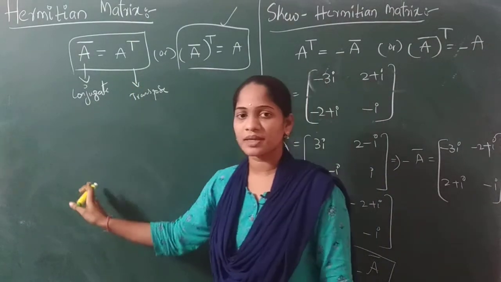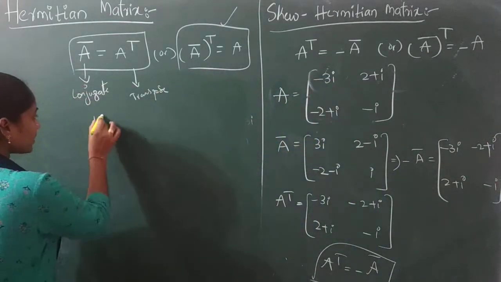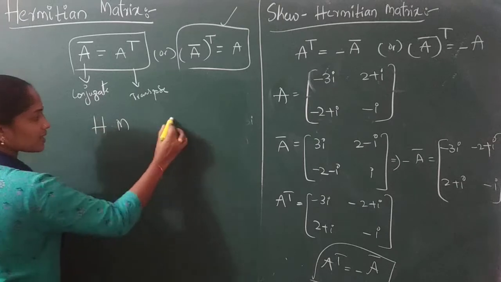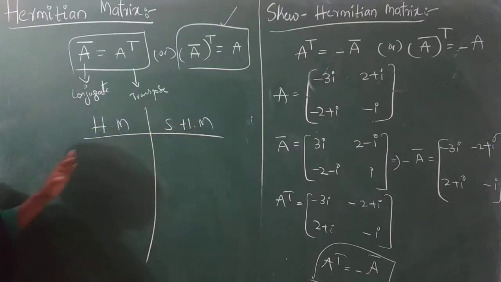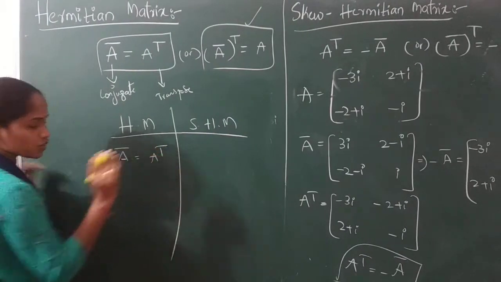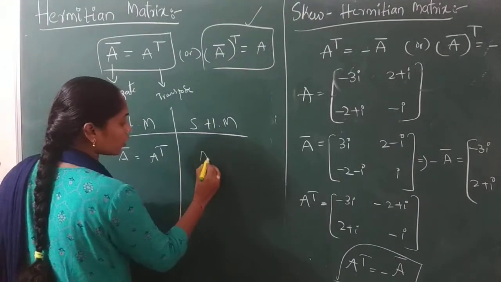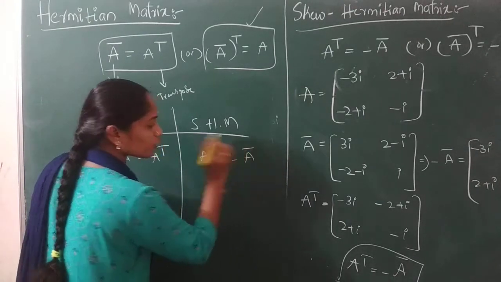This is your Hermitian and this is your Skew-Hermitian. In the Hermitian matrix, the conjugate and transpose should be equal. Here also they should be equal, but with the minus of the conjugate.